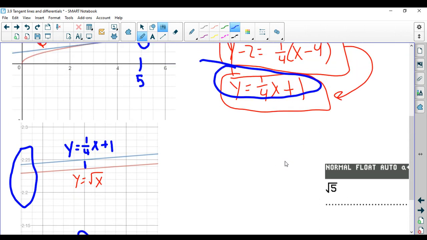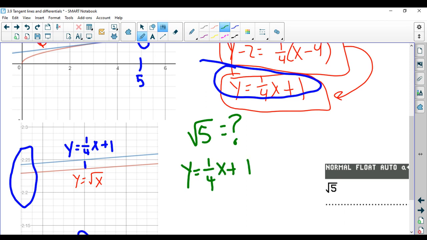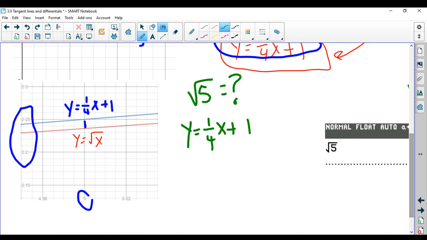So if you want to figure out what the square root of 5 is, which I don't know, I do know that the tangent line which we just drew, which was y equals 1/4 x plus 1, is always very, very close to the square root graph. So instead of taking the square root of 5, let's just plug 5 into the tangent line.